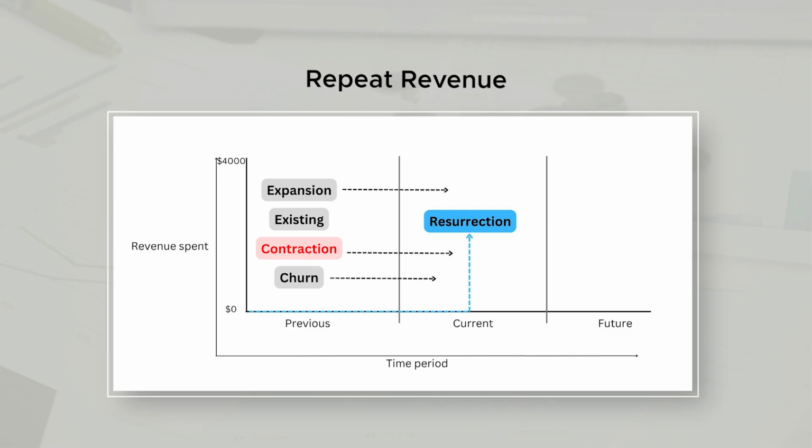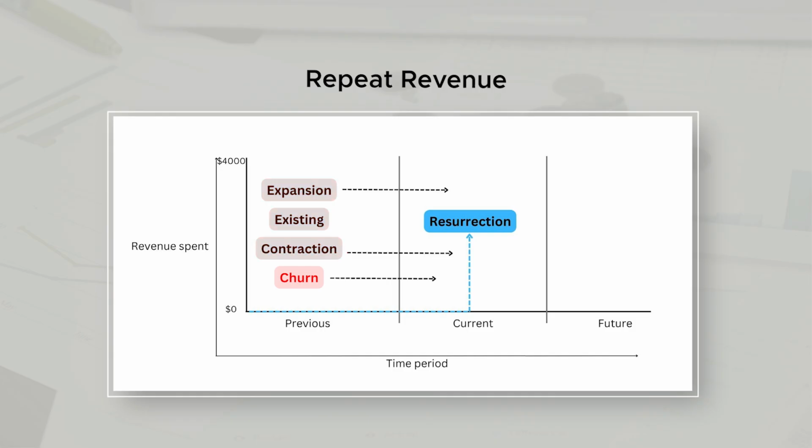Another factor could be churn. It could be that some customer or client has stopped using your software. Either the customer has shut down or has moved to a competitor, in which case that is called a churn. So you have started with a certain existing revenue, you had expansion possibilities, you had contraction possibilities, and you had churn where the person actually leaves. Finally, these determine what your repeat revenue is. But that's not all.